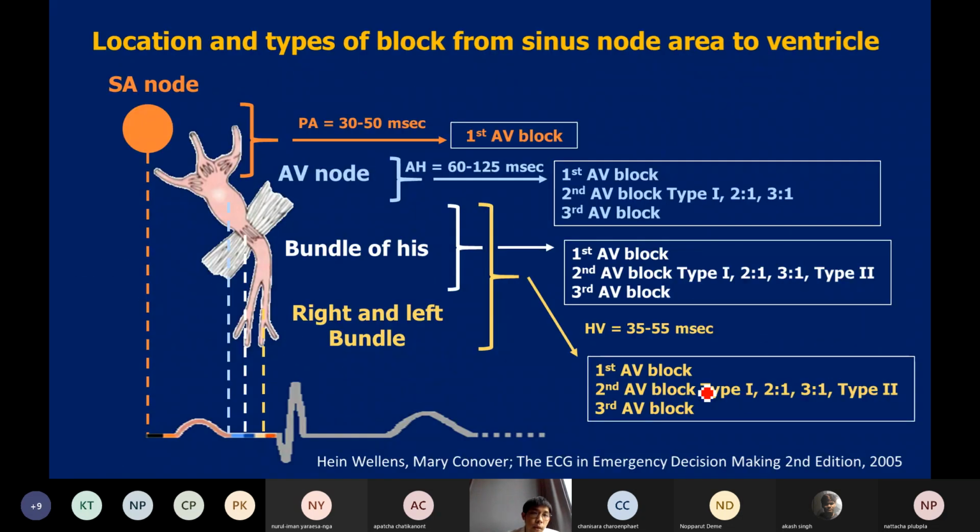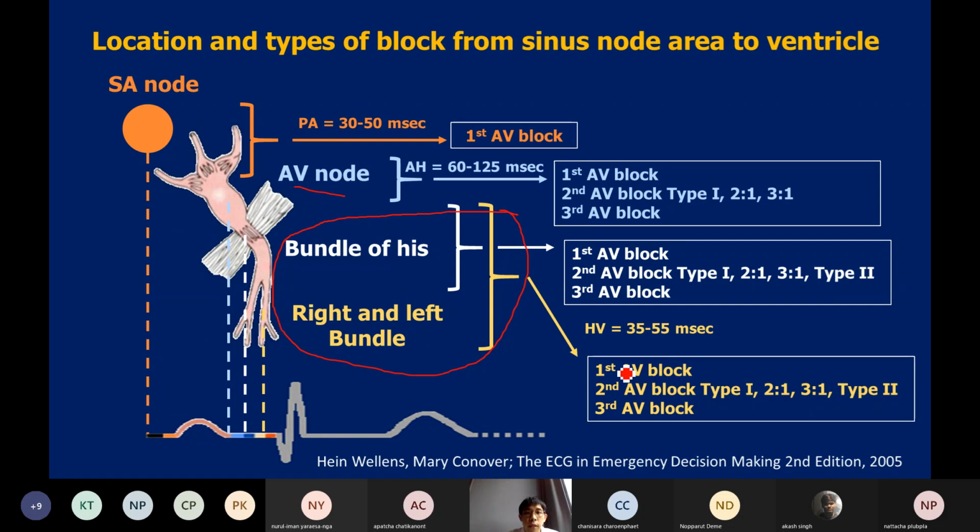So we're coming back to the location and type of the block. We see that in the AV nodal block and also in the infranodal block in the His, we could encounter first degree AV block, second degree AV block, and third degree AV block. And from the 12 lead ECG, we cannot be 100% sure which type of block we encounter.